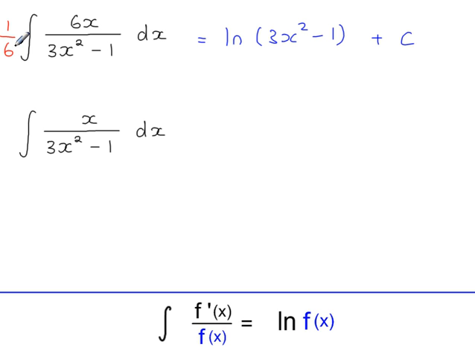If I'm multiplying by 1/6 on the left-hand side, I have to do the same to the right-hand side. So this 6 and the 6 there will cancel, so now you've got this, which means the answer will be 1/6 ln 3x squared minus 1 plus some constant of integration.